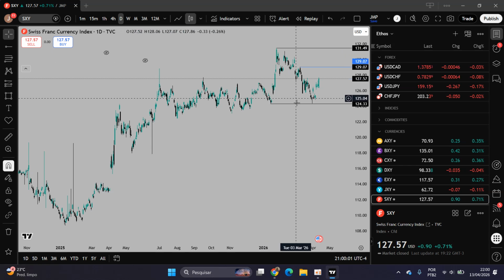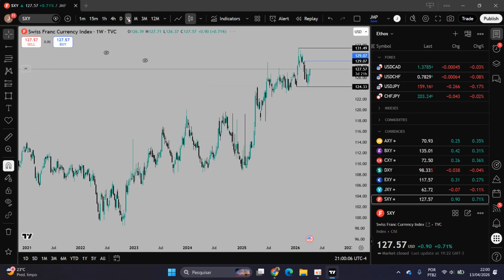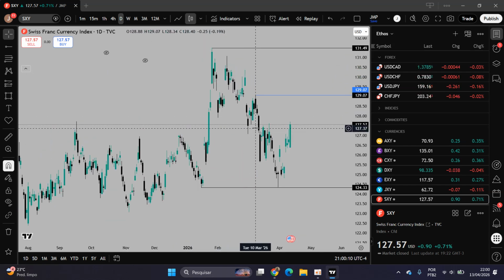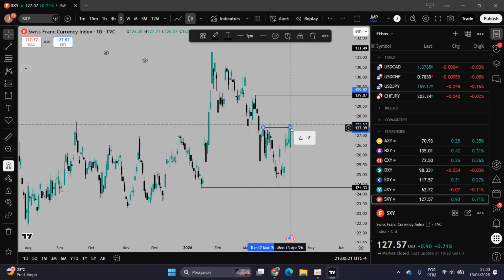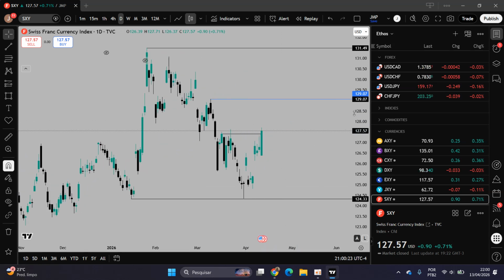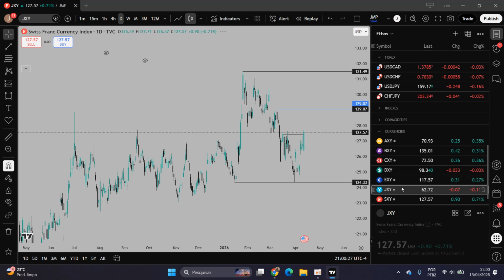The price is already stopping doing the lower lows on the higher time frames of the weekly, etc. And right now it has broken out this level right here, which is showing us a lot of strength from the CHF currency, right? So yeah, we would probably want to trade that right now.